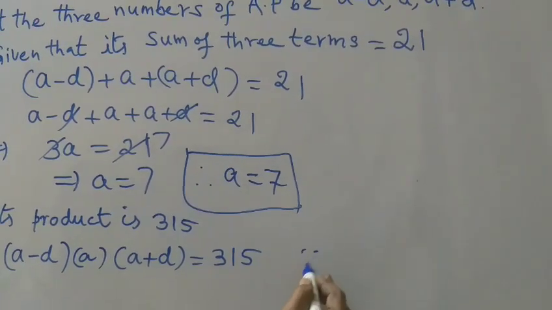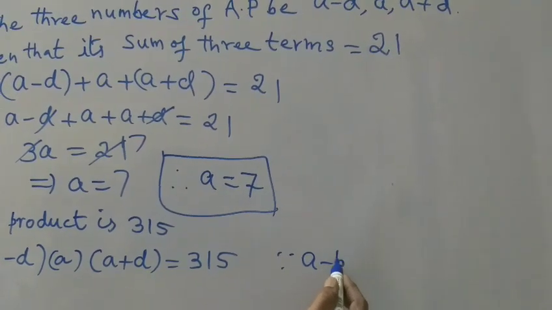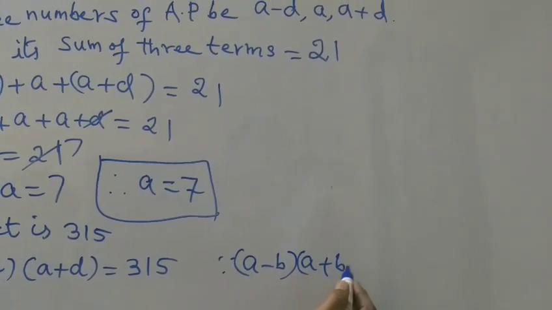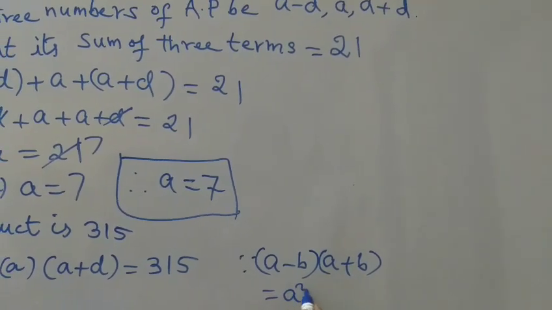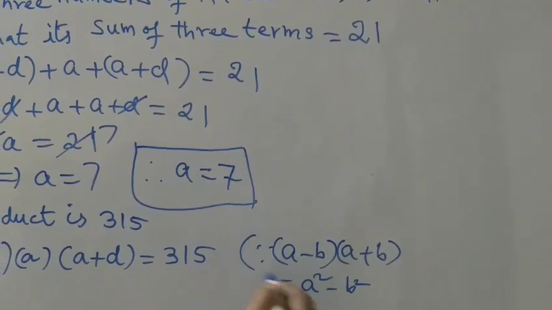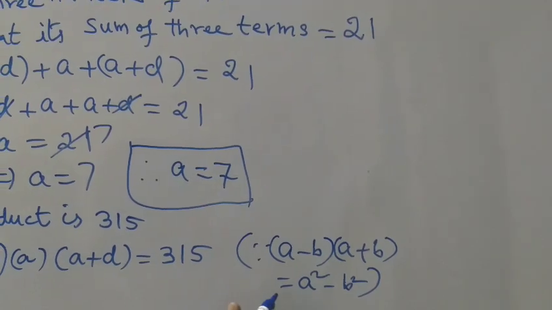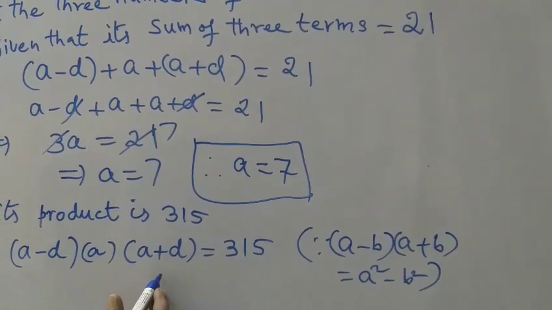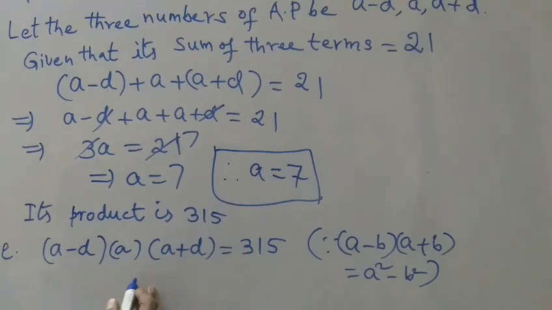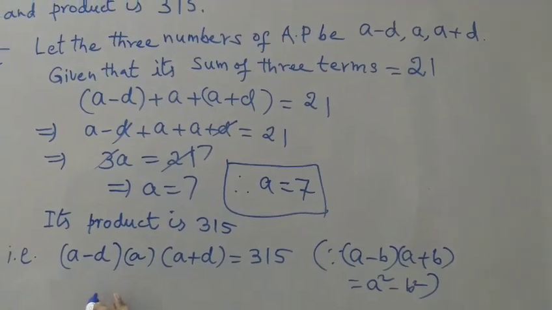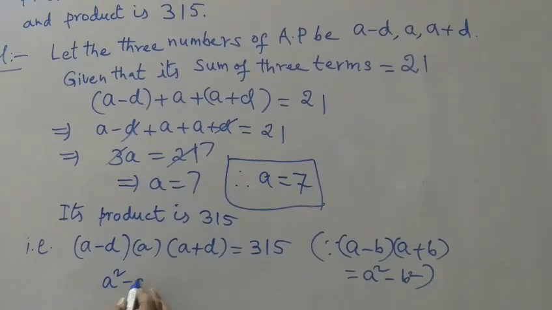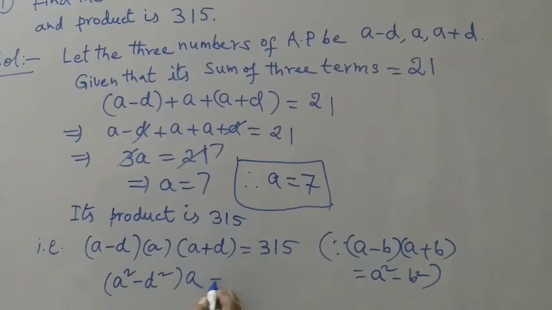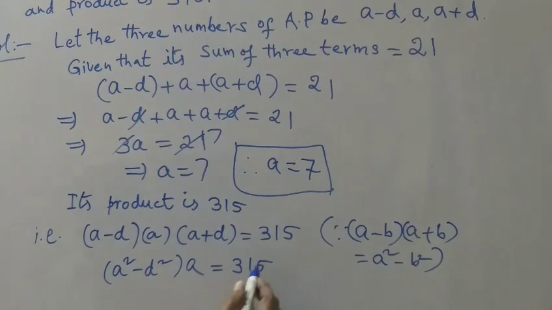Since we know that a minus b into a plus b is equal to a square minus b square, by using this, a minus d into a plus d becomes a square minus d square. So a square minus d square into a is equal to 315.